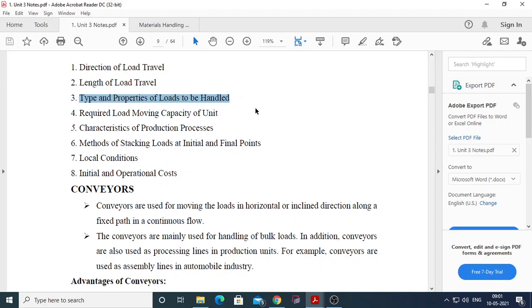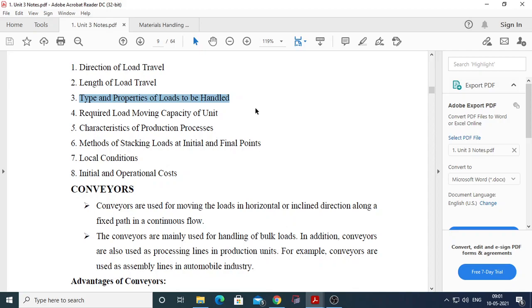For a bulk load, a conveyor is suitable, so you have to use a conveyor. If you want to move the load within the coverage area of the equipment, then you have to use a hoist, a crane, or an elevator as per the requirement.